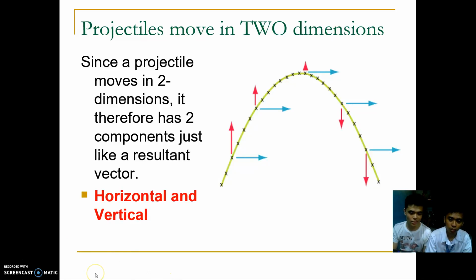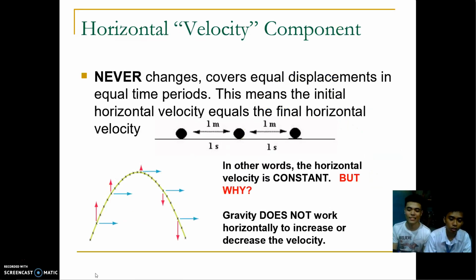The two dimensions of a projectile are horizontal and vertical. Horizontal velocity components never change. They cover equal displacement in equal time periods. This means the initial horizontal velocity equals the final horizontal velocity. In other words, the horizontal velocity is constant. But why? Gravity does not work horizontally to increase or decrease the velocity.